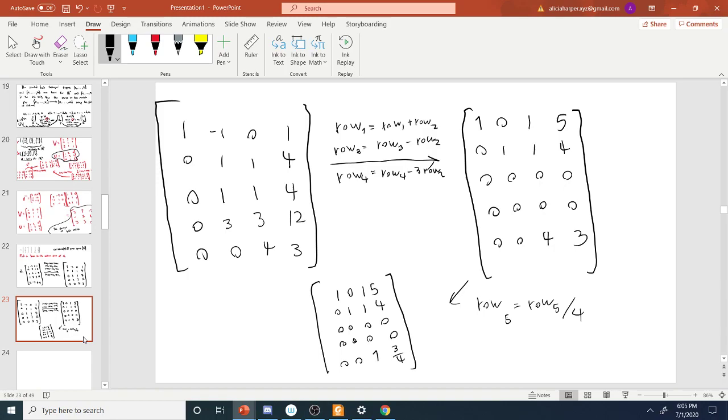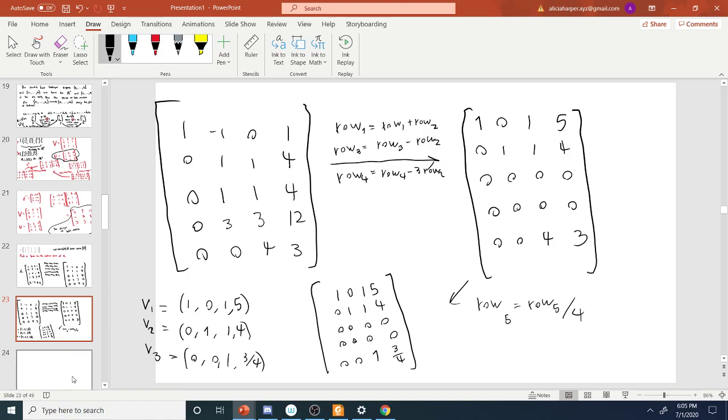But to spare myself a little bit of arithmetic, I can actually just leave it as is, because I see that this row and this row are all linearly independent, which means the vectors v1, v2, v3, where v1 is 1, 0, 1, 5, v2 is 0, 1, 1, 4, and v3 is 0, 0, 1, 3, 4, are all linearly independent. And in fact, they form a basis for the row space of this matrix.